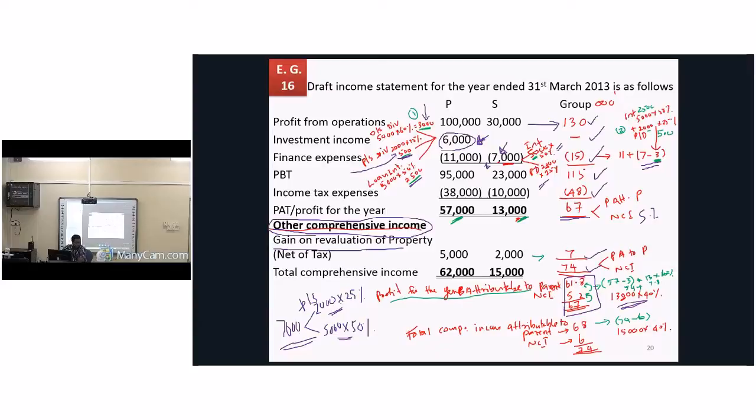Verification of 61.8. How to verify it? 57,000 is profit for the year. Then there is an adjustment of 3,000, not the intercompany one.